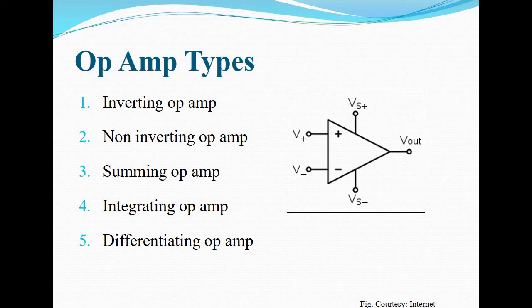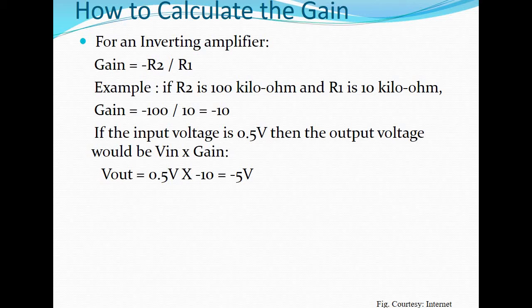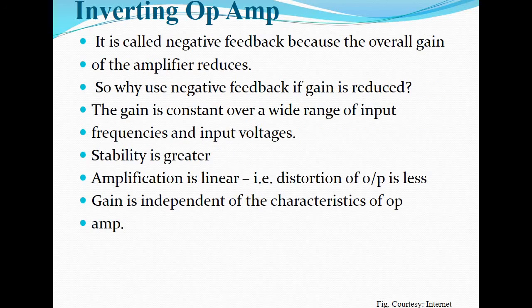These are the various types of operational amplifiers. So we have seen the first three types. Then we have also seen how to calculate gain. This is the inverting operational amplifier, and how to calculate gain.